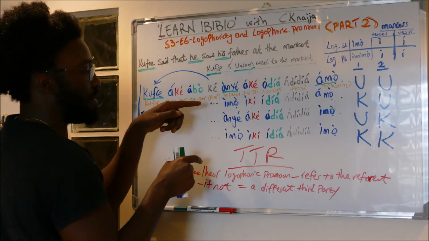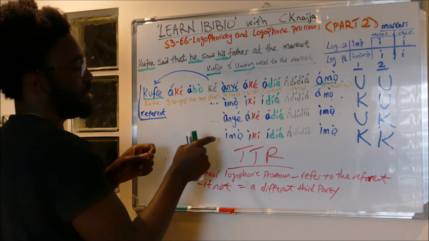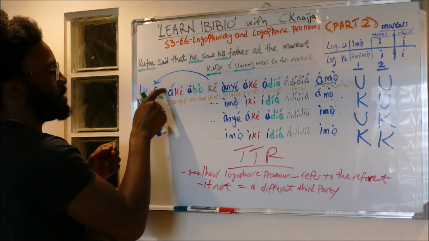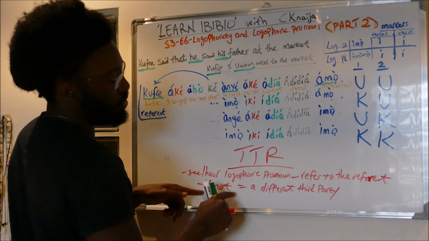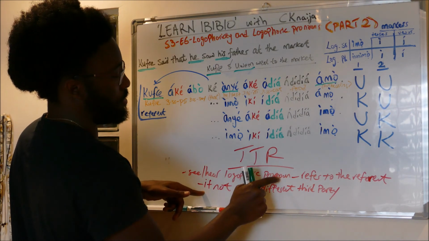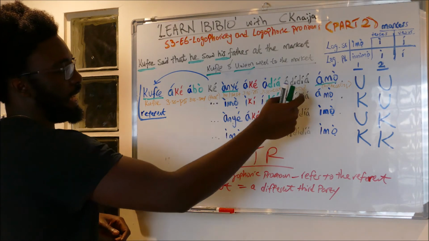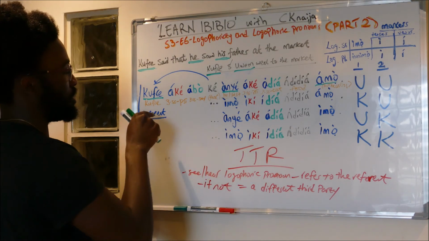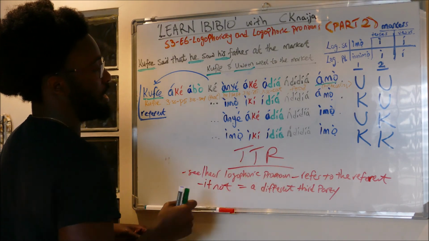So once you hear imo, you know that the person this refers to is the person whose thoughts, feelings, or ideas are being reported. And if you do not hear a logophoric pronoun, then you know that these are not referring to the referent, they're referring to a different third party in the story.